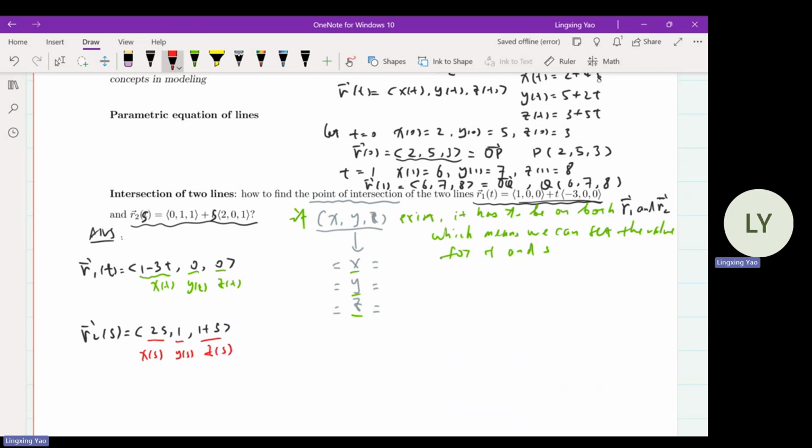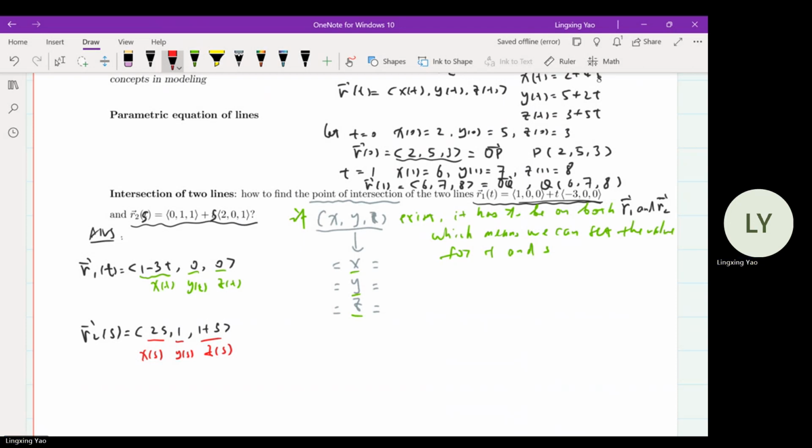And this is z of s. By choosing different values for t, we get R1 of t, which has three components for x, y, z. And similarly, by choosing different values for s, we get R2 of s, and we will get different coordinates x of s, y of s, z of s.